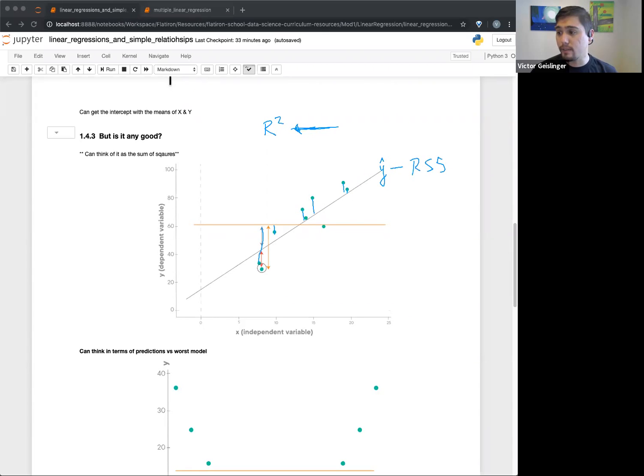If I drew this in a different color, say green, these data points are really far away from this, and some of them are really close, but a lot of them are really bad. Basically you ask how much this differs from our quote unquote worst model, and this gives us the R squared value. What's nice about the R squared value is that the way we construct it, we get something between 0 and 1.